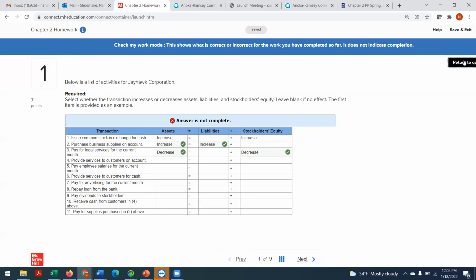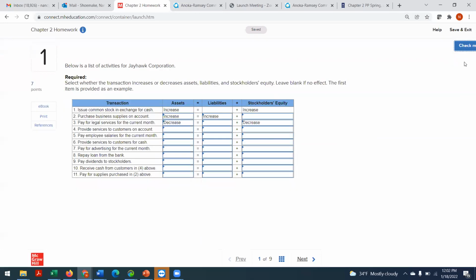Again, you can check your work to make sure you're following in line. Did you say rent expense? Sorry, legal expense. I'm so sorry. Legal expense, pay for legal services for the current month, legal expense.